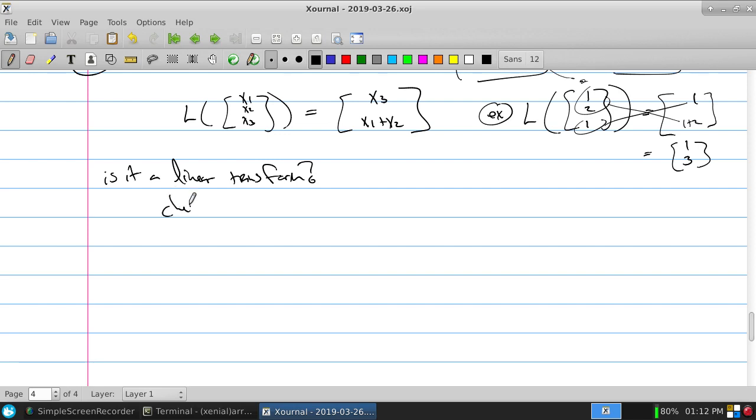So we're going to check, is it true that if I would take alpha 1, x1 plus alpha 2, x2, and transform it, is that the same thing as taking L of x1, L of x2, transform those x's, and then go ahead and doing your linear combination?